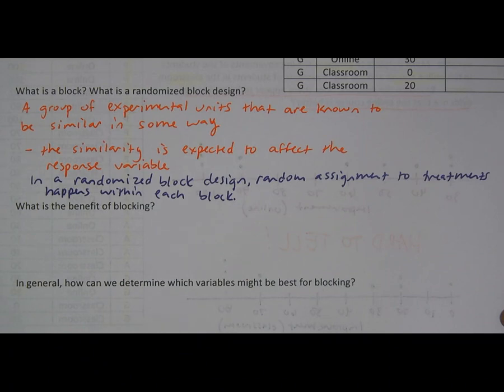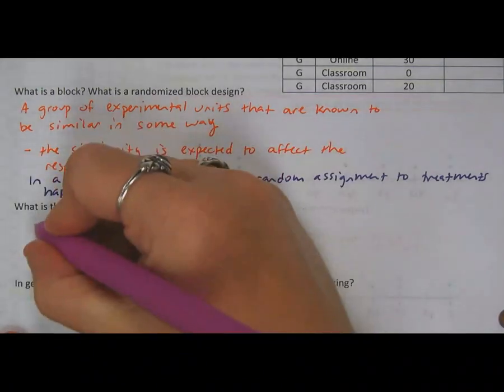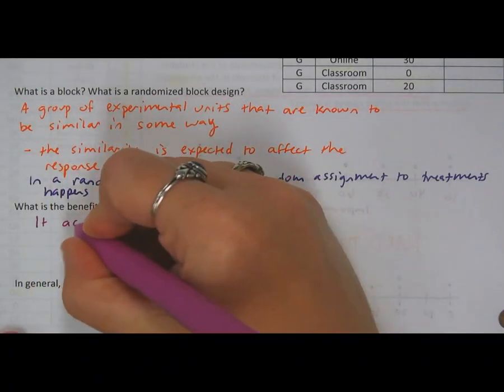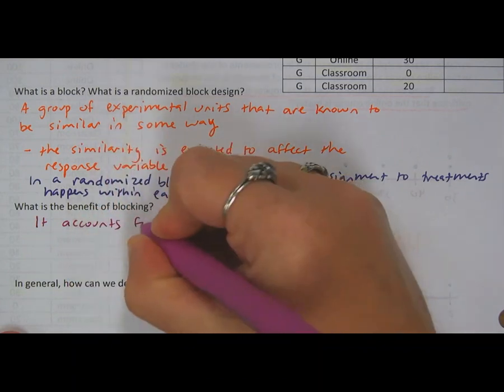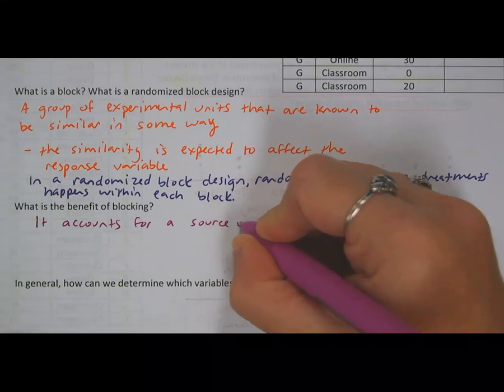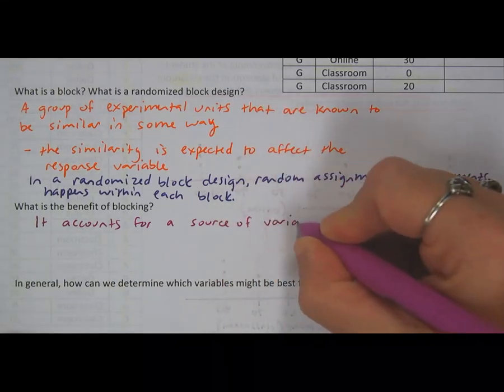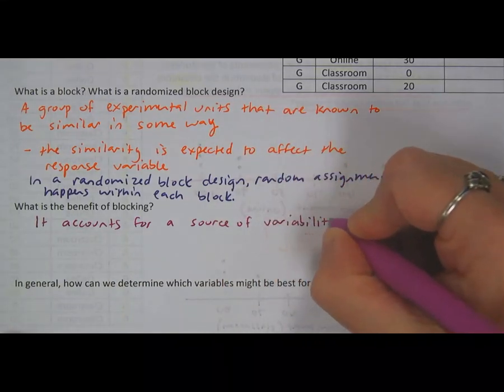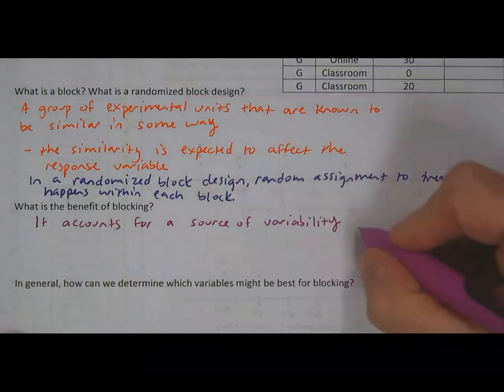All right, what is the benefit of blocking? It just accounts for a source of variability, just like stratifying.